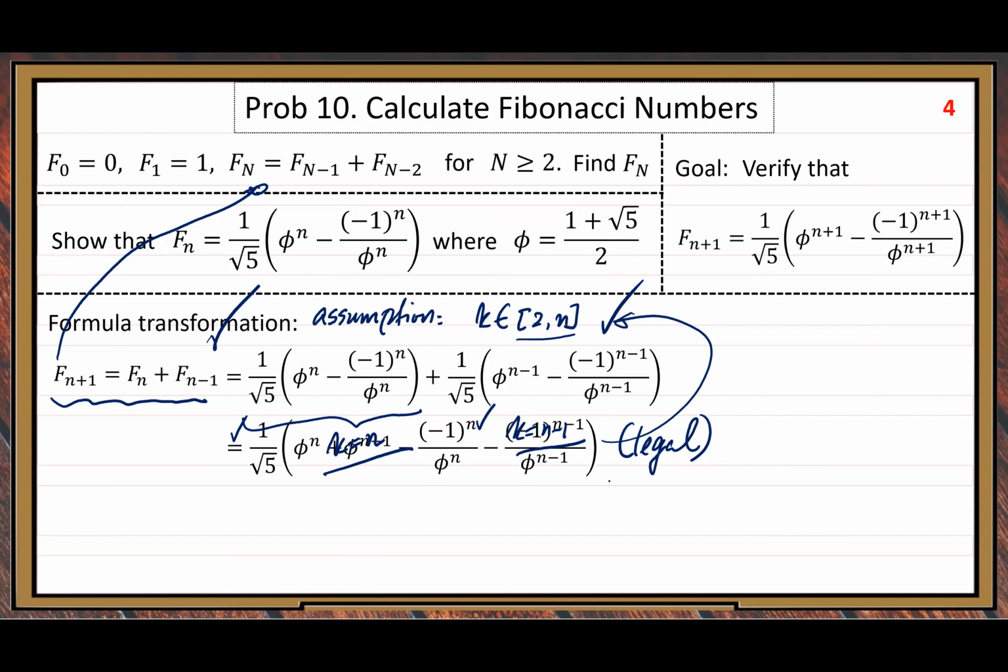Then let us do some algebra manipulation. We put phi to the n and phi to the n minus 1, these two terms, together, because they have a similar structure, a power function.